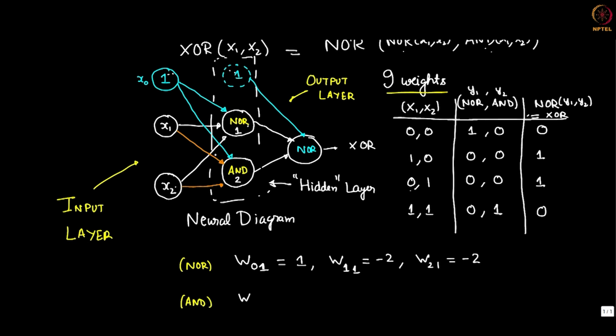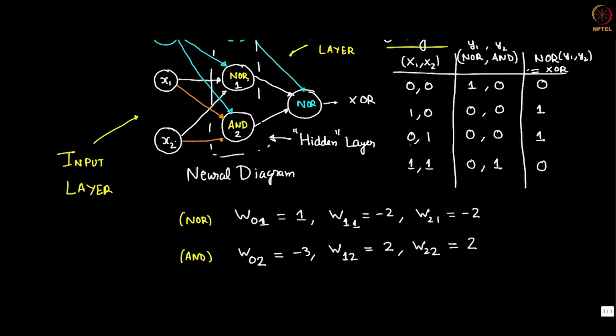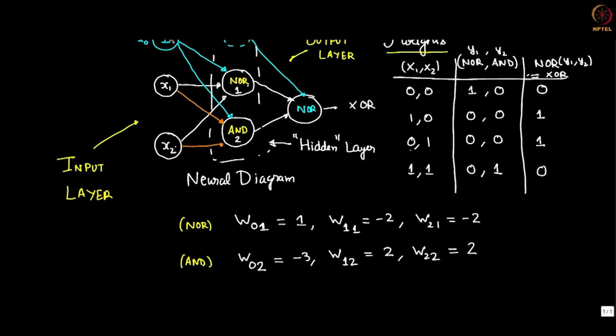Those are W0, now this is the second unit 2, this is minus 3, W12 which is 2, which is 2. Now, we have these weights too, which we have to represent, which are again weights of the NOR.